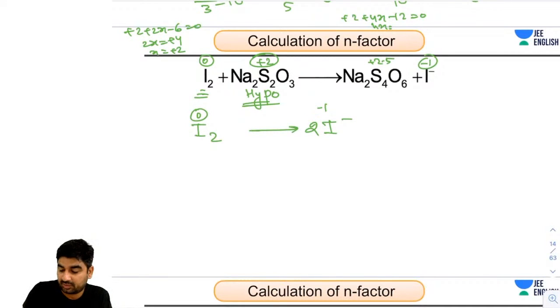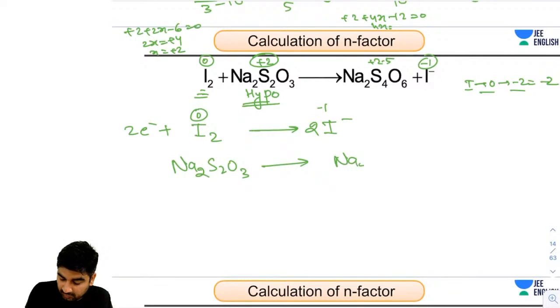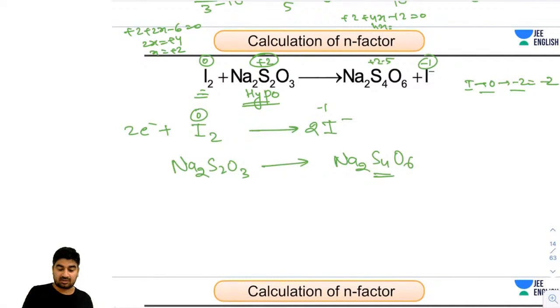So there are two iodine. 0 to -2. Their difference would be -2. So it is gaining 2 electron. Now what is going on? Na2S2O3 is going into Na2S4O6. First of all, you have to balance the sulfur. Why? Because oxidation state for sulfur is changing.